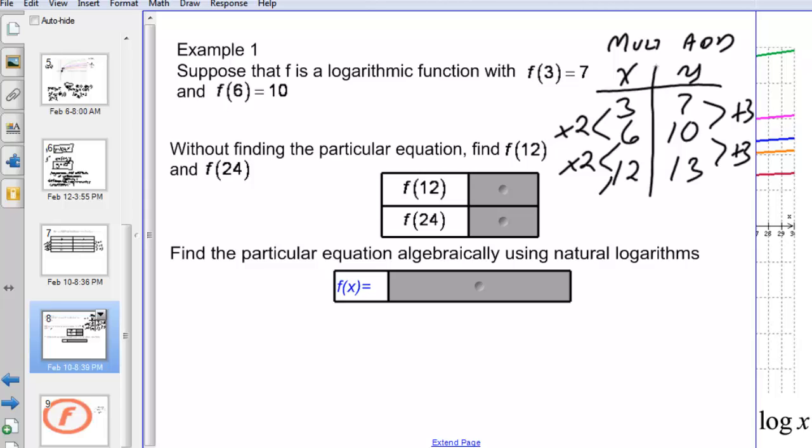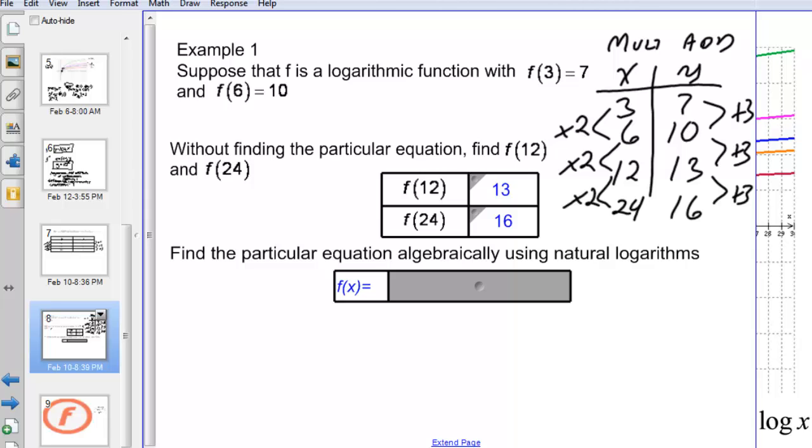And then if I multiply by 2 again, I'll end up with that 24, which means I should end up with, wait for it, that's right, 16. So let's just double check that. 13 and 16. Good.